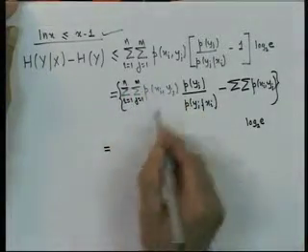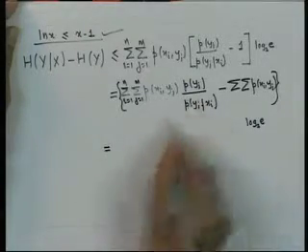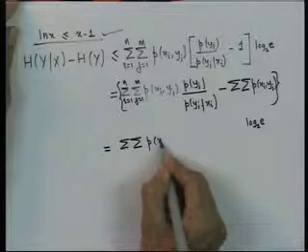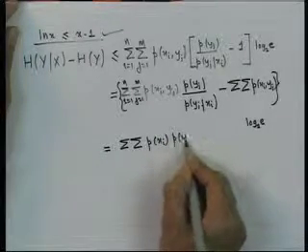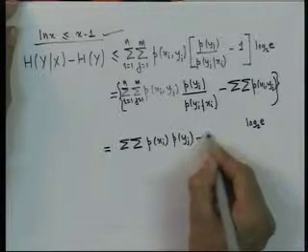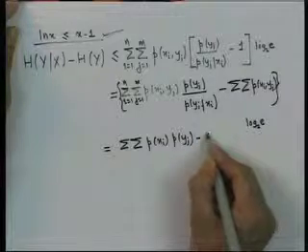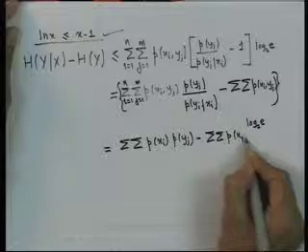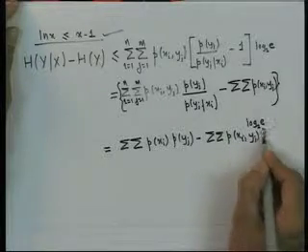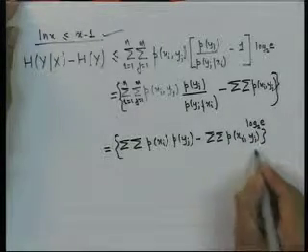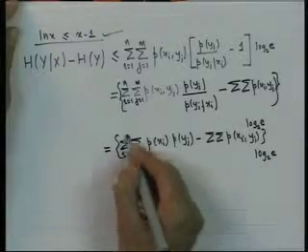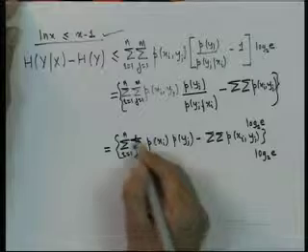Writing this expression using the Bayes theorem, we get summation of probability of xi, probability of yj, minus probability of xi yj, with i equal to 1 to n and j equal to 1 to m.